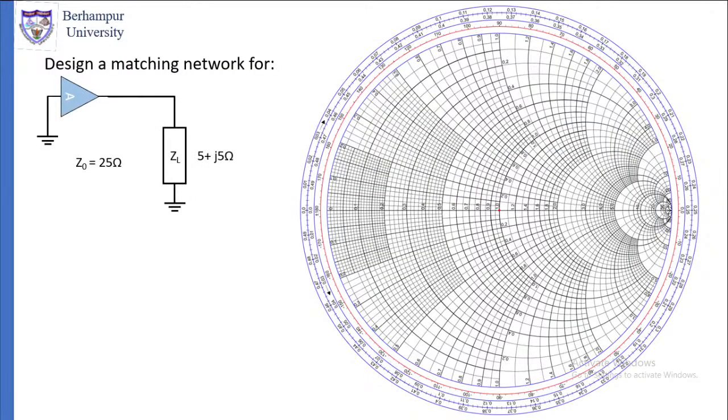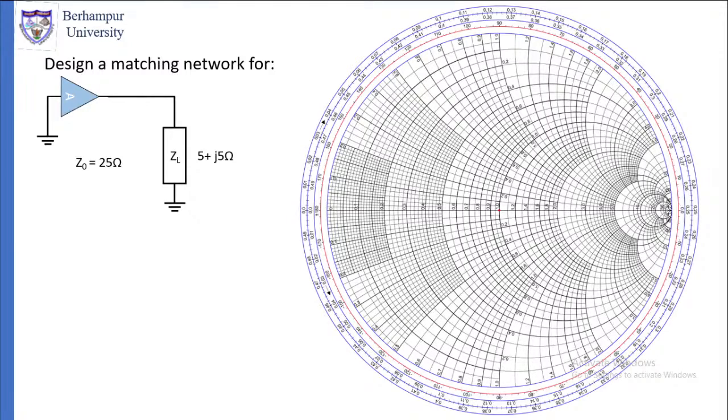Here I am showing you a picture of a Smith chart that you can see. But for the time being, I am not going to use this. I will use this data. But since we are discussing the Smith chart, the Smith chart picture is there. On the left hand side, you can see that we have an amplifier.